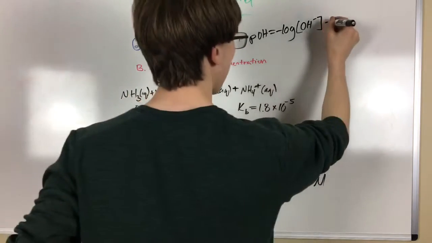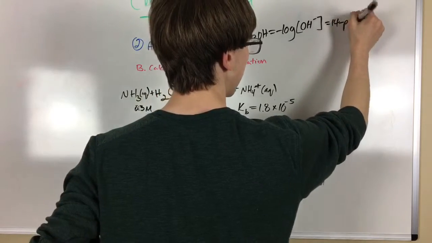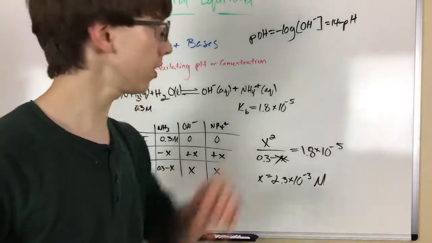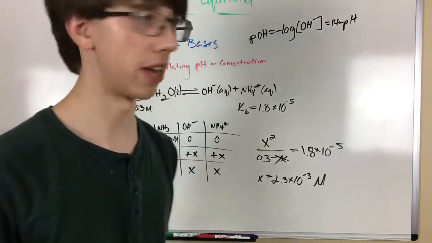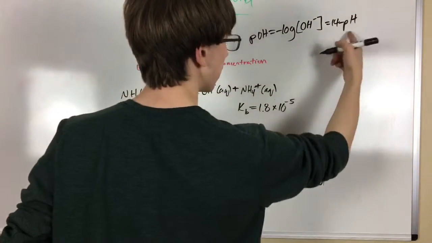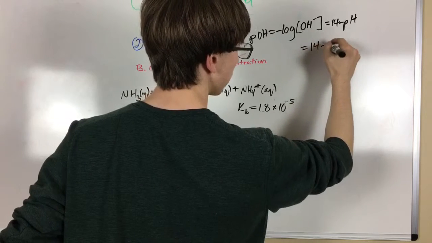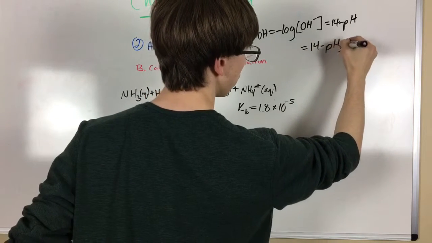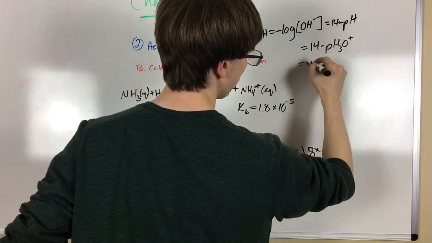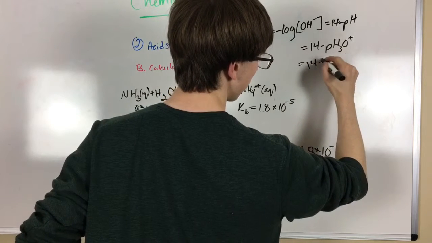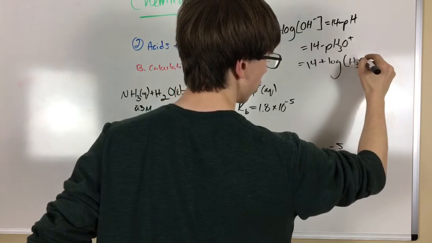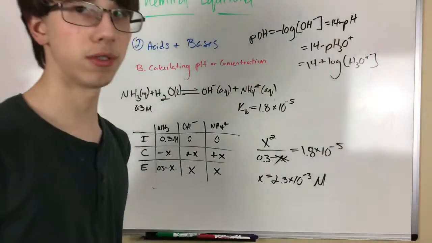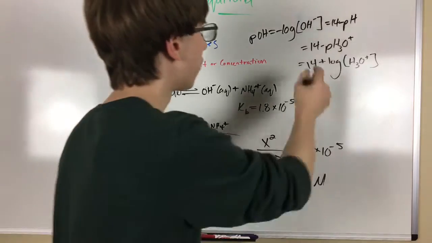And this is the same thing as 14 minus the pH. And pH being the potential of hydrogen ions. So this is the same thing as 14 minus the potential of H3O plus, right? Which is just 14 minus negative log, so plus log, concentration of H3O plus. And that's it.